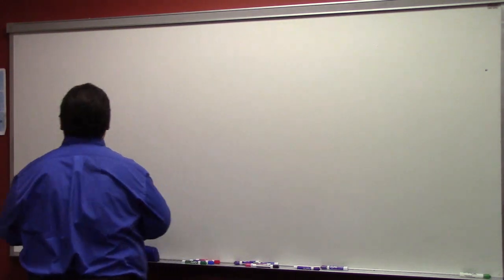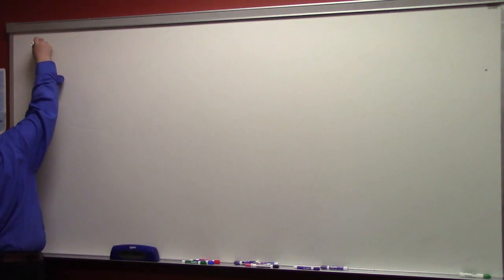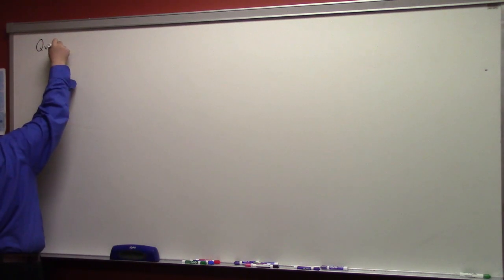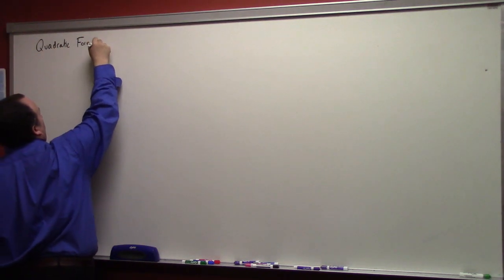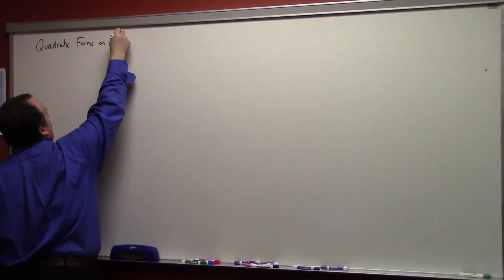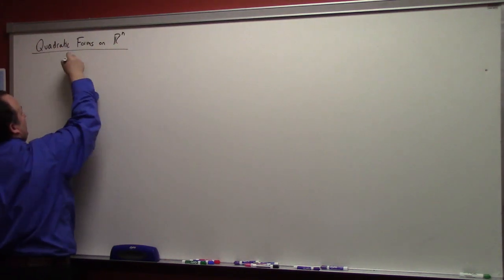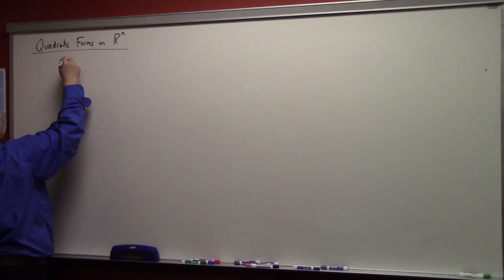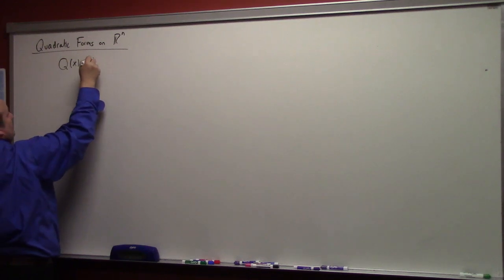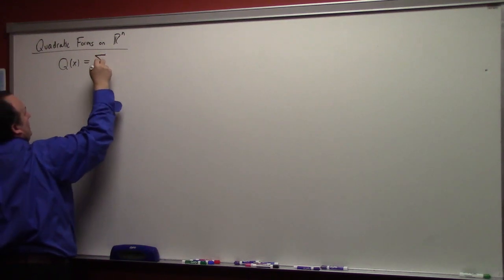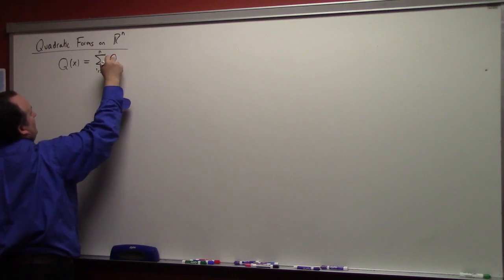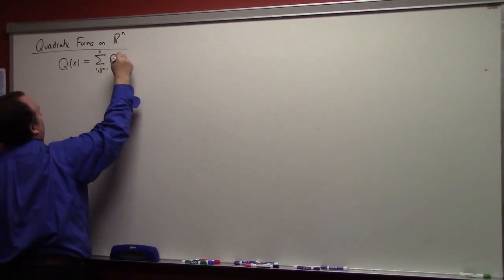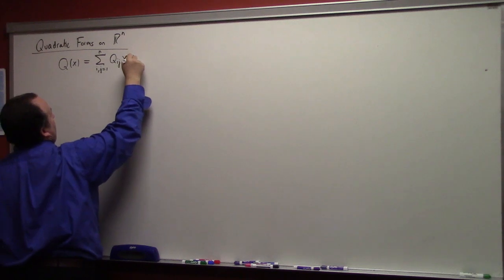All right, so let's see. What is a quadratic form? So basically, it's something that has a formula like this: q of x equals the sum over i and j equals 1 to n of qij xi xj.